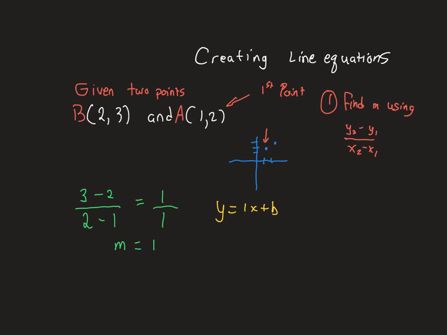You then need to find your y-intercept. So your second step is find your y-intercept. Now you can do this using pretty much any of the 2 points you used.